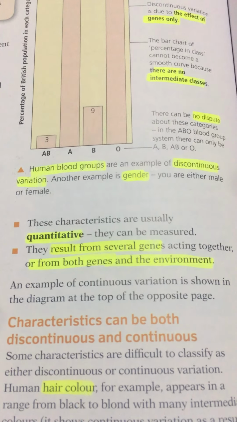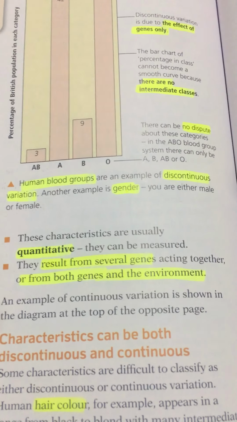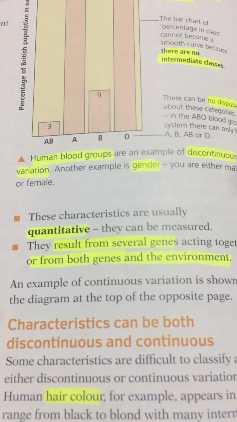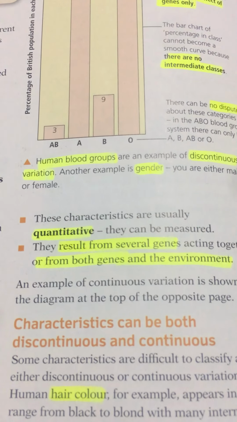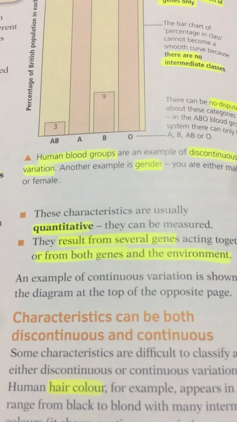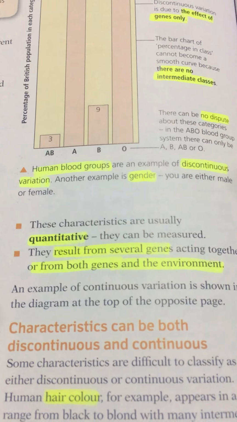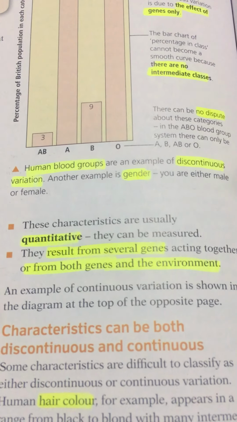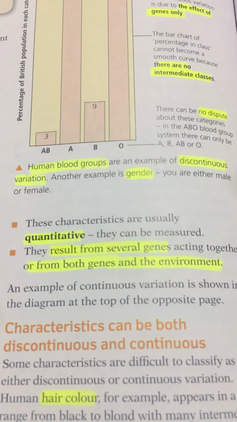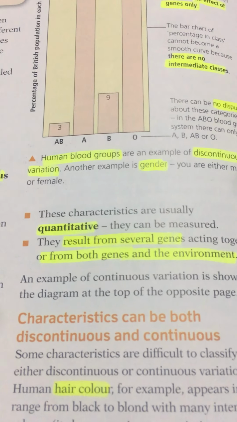What do I mean by quantitative? It means they can be measured. The third thing you have to know is that the characteristics here are affected by genes and the environment. So not only the genes; it is affected by several genes and also by the environment.